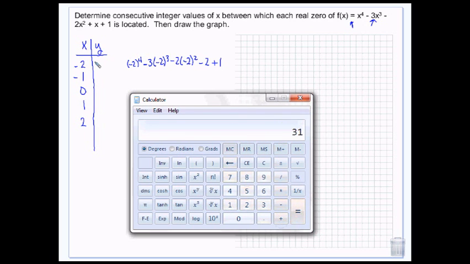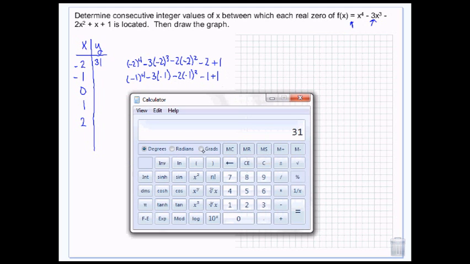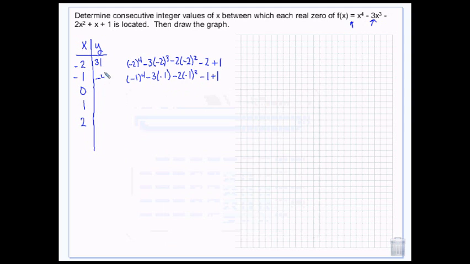So that's going to be 31. Okay, so here I'm going to have 1 minus 3 minus 2 minus 1 plus 1. So that's negative 4.